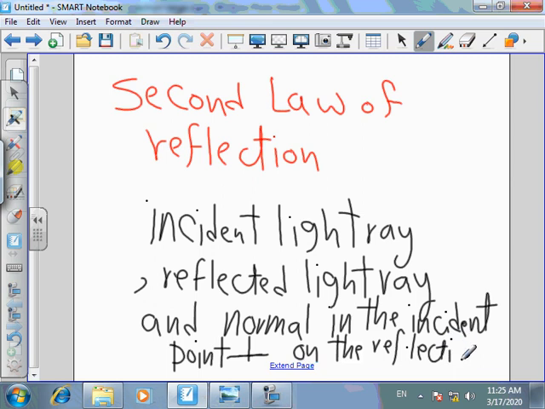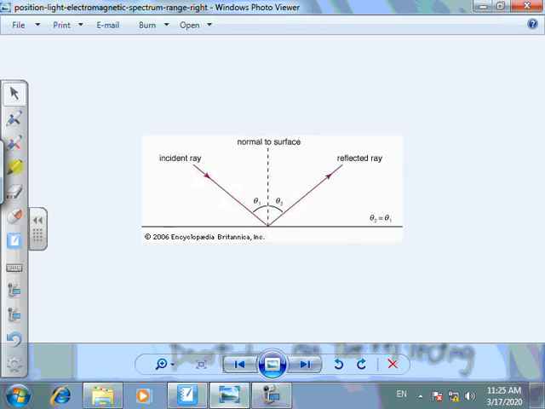And nothing new here, guys. He didn't add anything. Let's look again at our image. The normal, incident light ray and reflected light ray are all meeting in one point called the incident point. At this point, all of them are perpendicular on the reflecting surface, and nothing new.